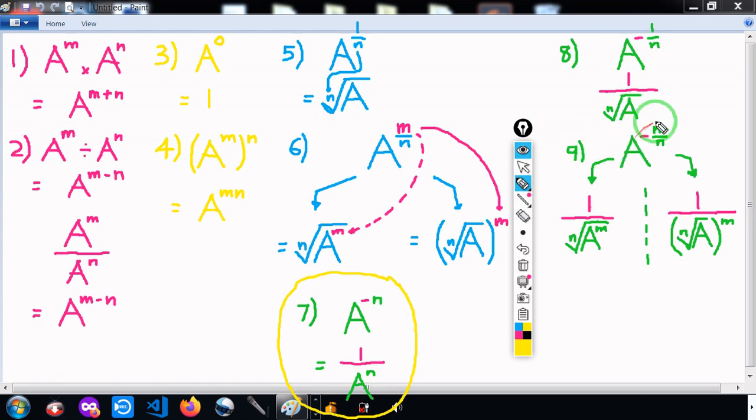A to the power of minus m over n is equal to 1 over nth root of a to the power of m. A to the power of minus m over n is also equal to 1 over open bracket nth root of a, close bracket, to the power of m.